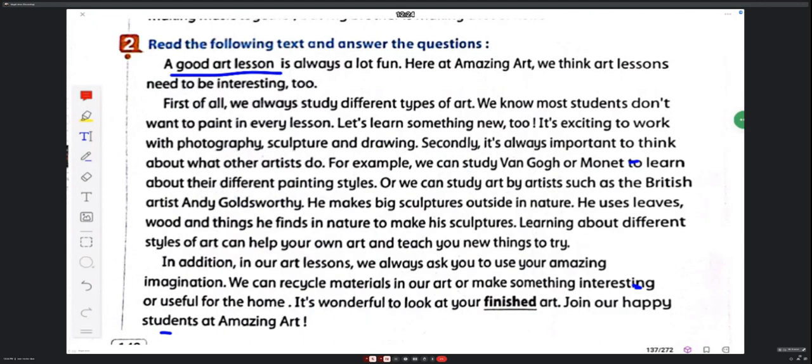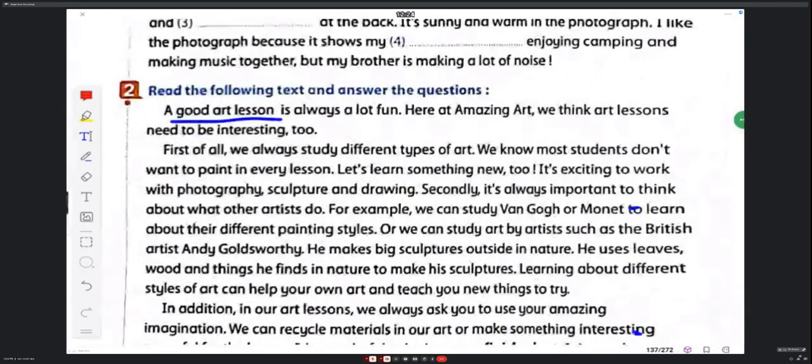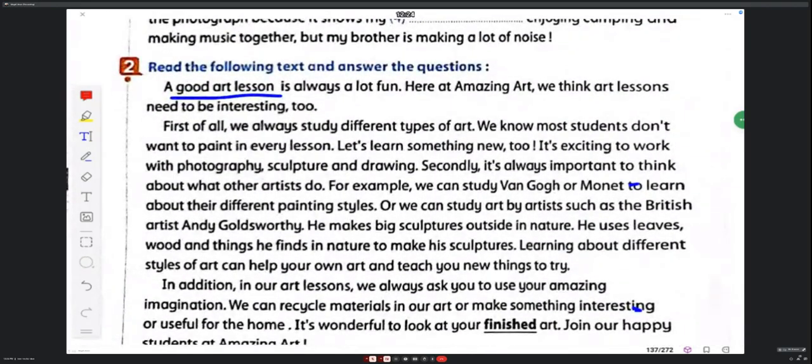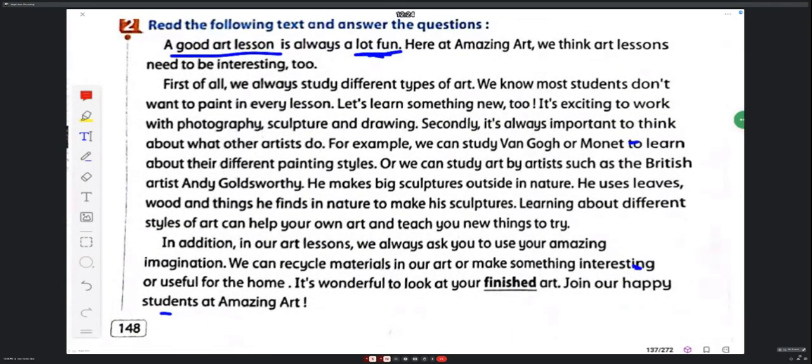Okay, the main idea is a good art lesson. Or we can say it is fun to have a good art lesson. A good art lesson is fun sometimes.